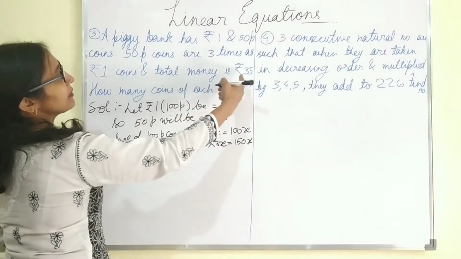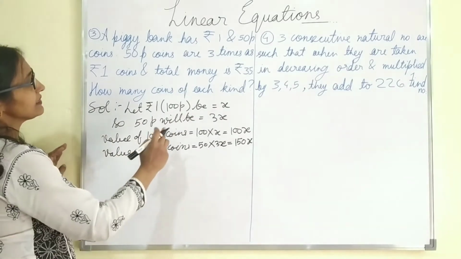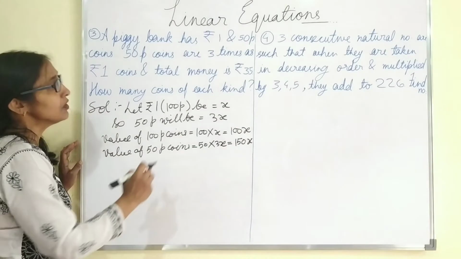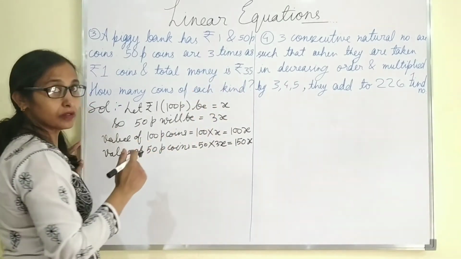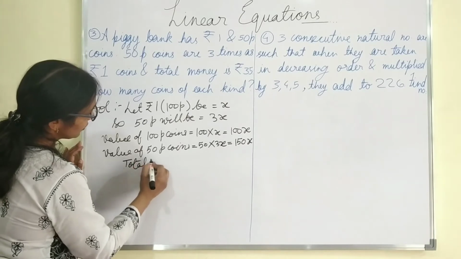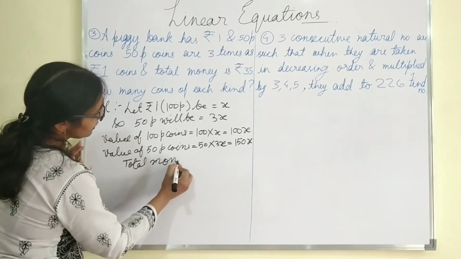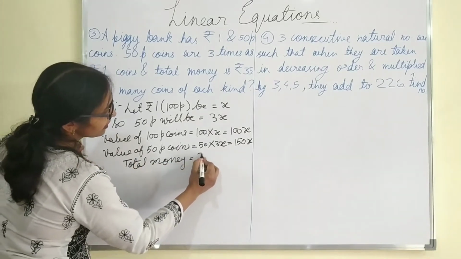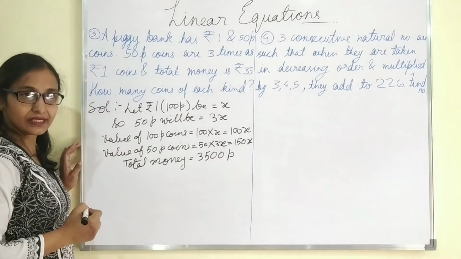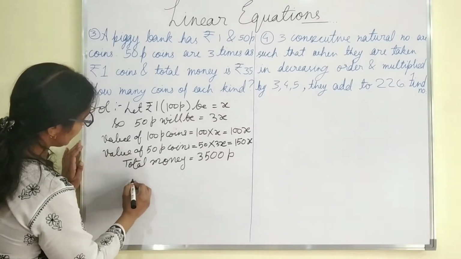The total amount in the piggy bank is rupees 35, and since I am taking all the denominations in paisa, I will convert it into paisa also. So total money is 3500 paise. Now make the linear equation.